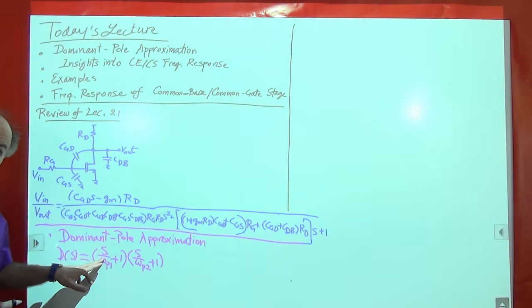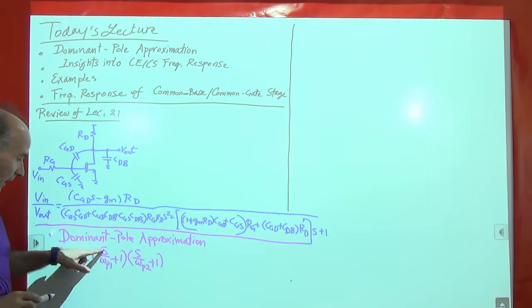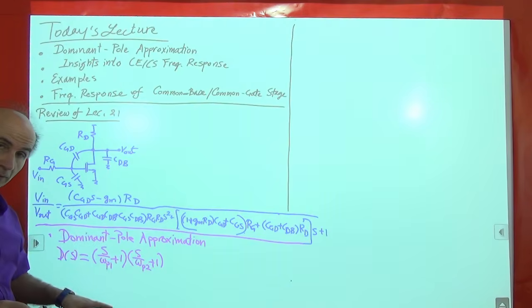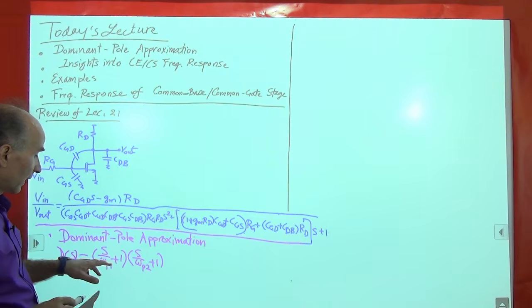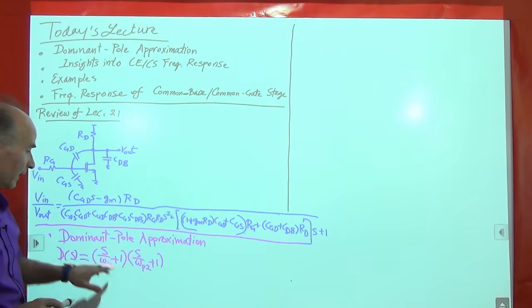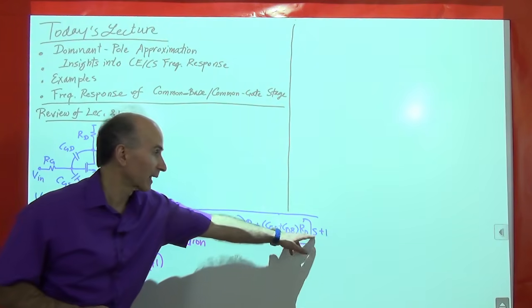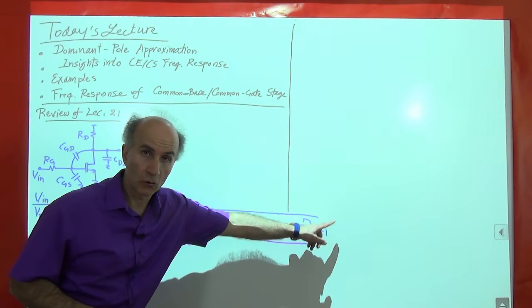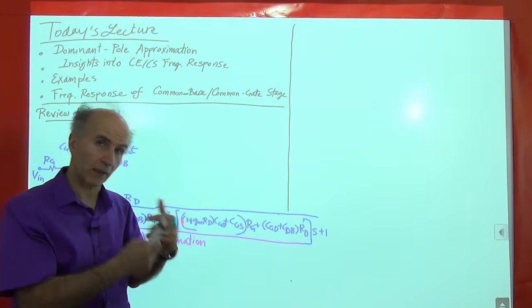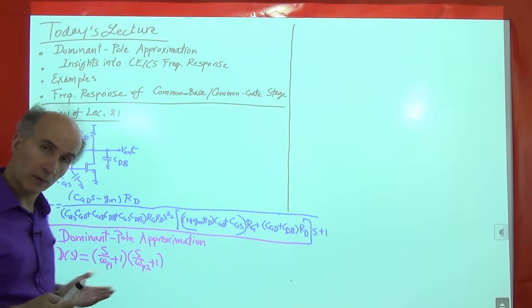We choose this form rather than write s plus omega p1 times s plus omega p2, because this gives us an s squared, an s, and a 1. So the constant value is a 1. Everything is normalized, so that gives us a 1. And that's very nice, as you will see shortly.